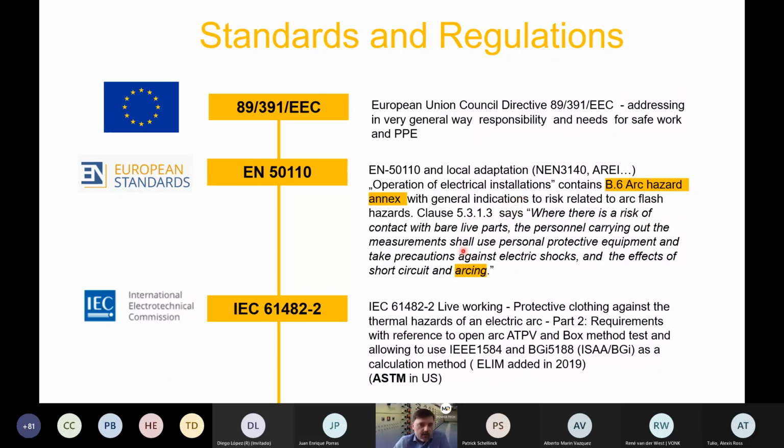It explains that yes, there is a need for protecting against short circuit and arcing. On this level, in the US, for example, there is OSHA 1910.269 Appendix Z, which will probably be somewhere in between those two, on the same level. Of course, in Europe you will find IEC 61482, which is something similar to ASTM for testing PPE. Those are the standards for testing PPE. They will not tell you how to select it, but how to test it.